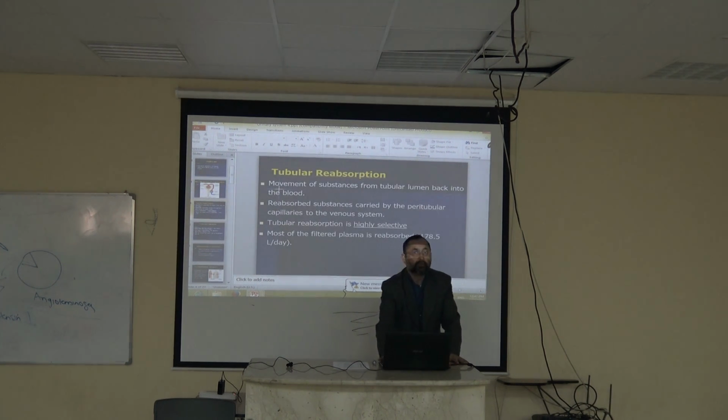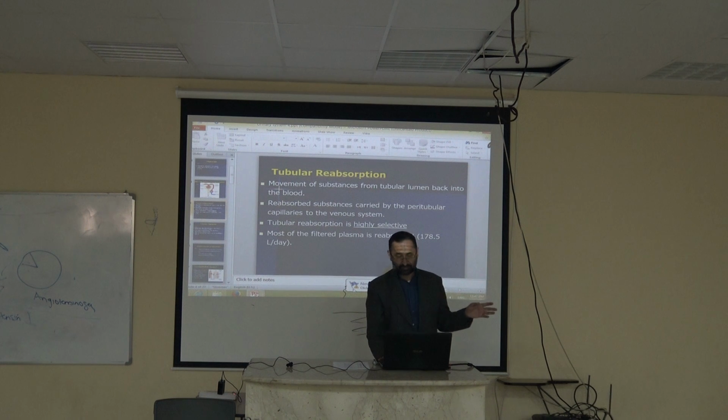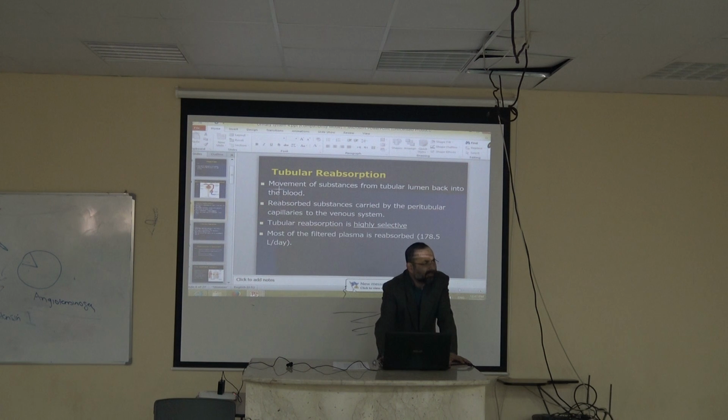Reabsorption is a very specific and very big process because a major amount of the fluid is reabsorbed, and you save very important things for the body, taking back most of the things. Only the metabolites or waste products are not reabsorbed or minimally reabsorbed, but the rest is reabsorbed in large amounts.